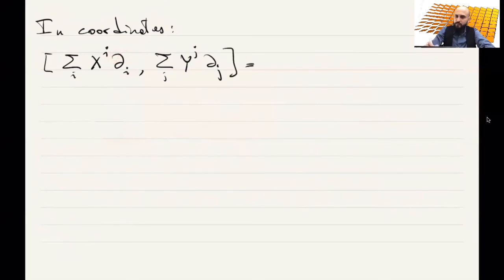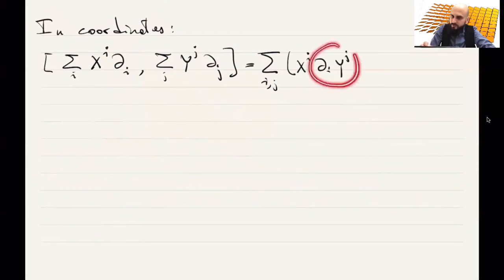So [X,Y] is equal to the sum over i and j of X_i ∂_i Y_j, where I'm taking the derivative of this function, minus Y_i ∂_i X_j, times ∂_j.